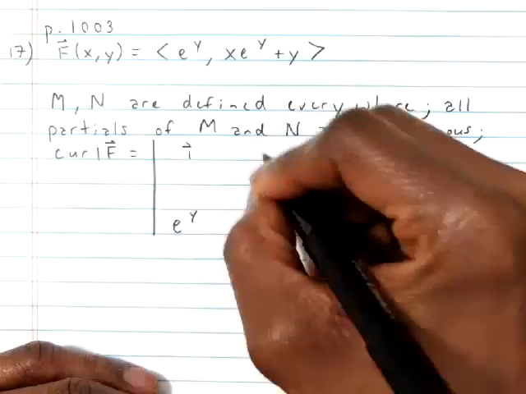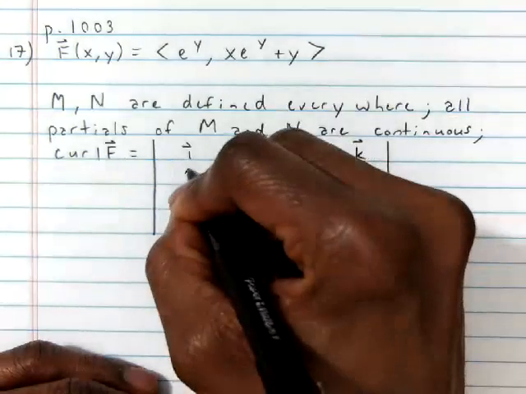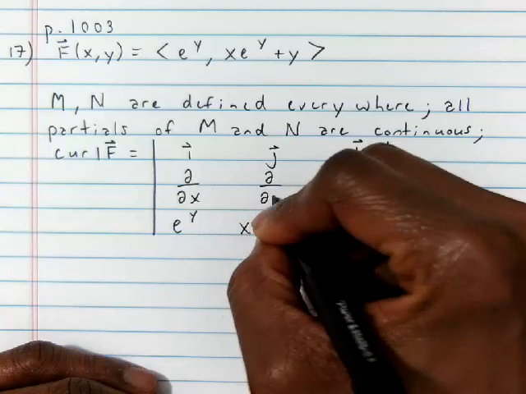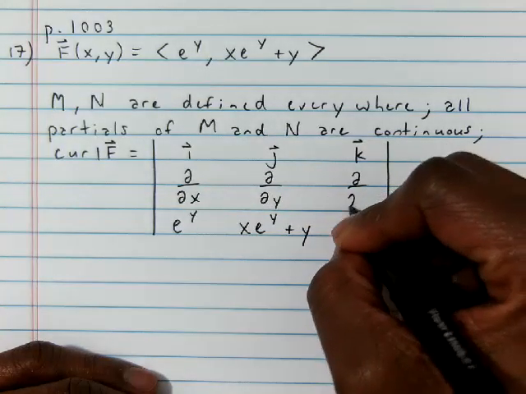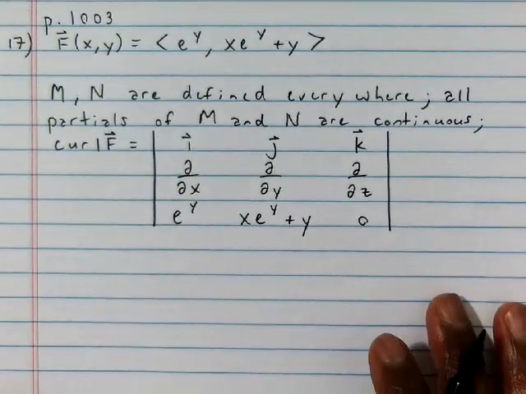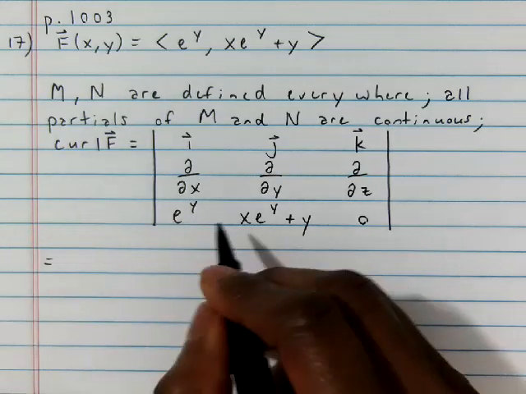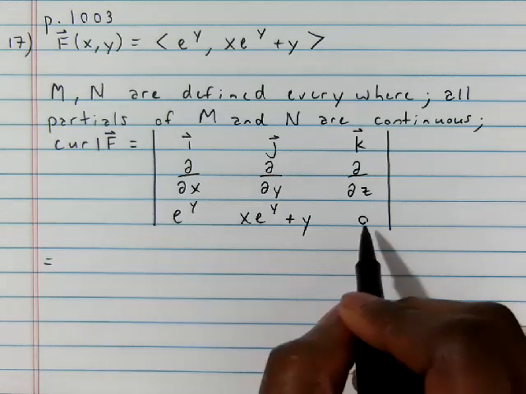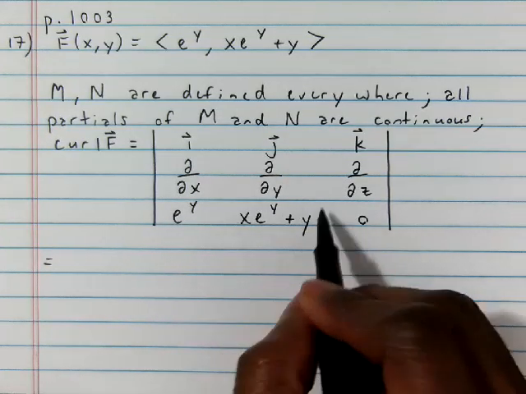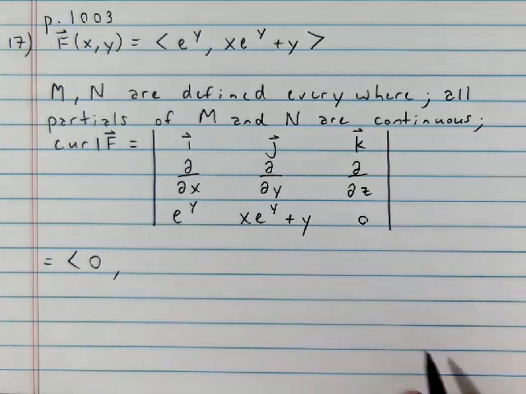So i, j, k, then partial with respect to x, partial with respect to y, partial with respect to z. I'm going to go through and do this, and you'll see what happens when you have a two-dimensional vector. Here, the partial of 0 with respect to y gives us 0, minus the partial of this thing with respect to z gives us 0. So 0 minus 0, we get 0 there.